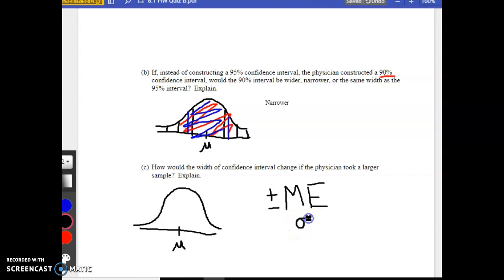The formula will be plus or minus sigma over the square root of n. So if we made this n bigger, that makes this fraction smaller, and it'll make the margin of error smaller. So meaning the amount I add or subtract from either side of that point estimate is going to be smaller. So here you would say the width would get smaller, and for that reason, that it would decrease that standard error or that margin of error.